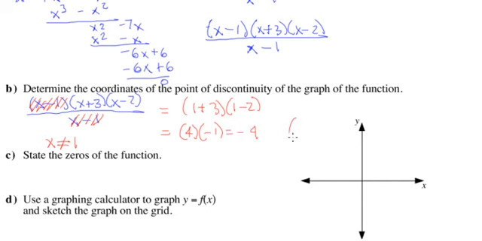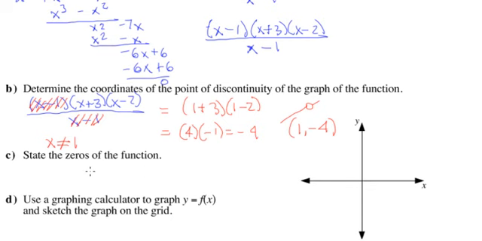So if only we could plug in the point 1, we would get 1 comma negative 4. That's the location of our point of discontinuity. When we're drawing our graph, whatever it looks like, 1, negative 4 is where that little blip, or what we call the discontinuity point, is.